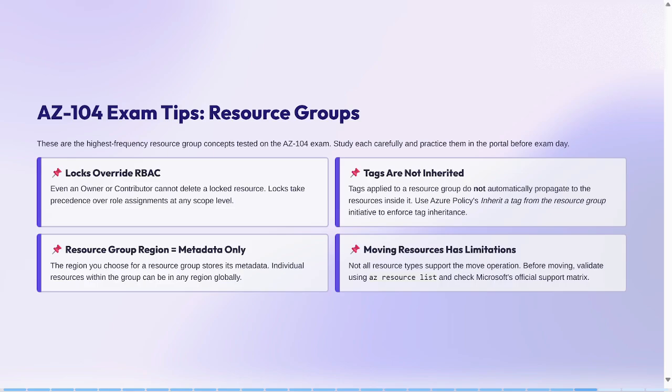For example, a user has the Owner role on a resource group. Normally, an owner can delete resources, right? However, if a CanNotDelete lock is applied, the deletion operation will fail. The user must first remove the lock before deleting the resource. This applies even to users with high-level permissions.